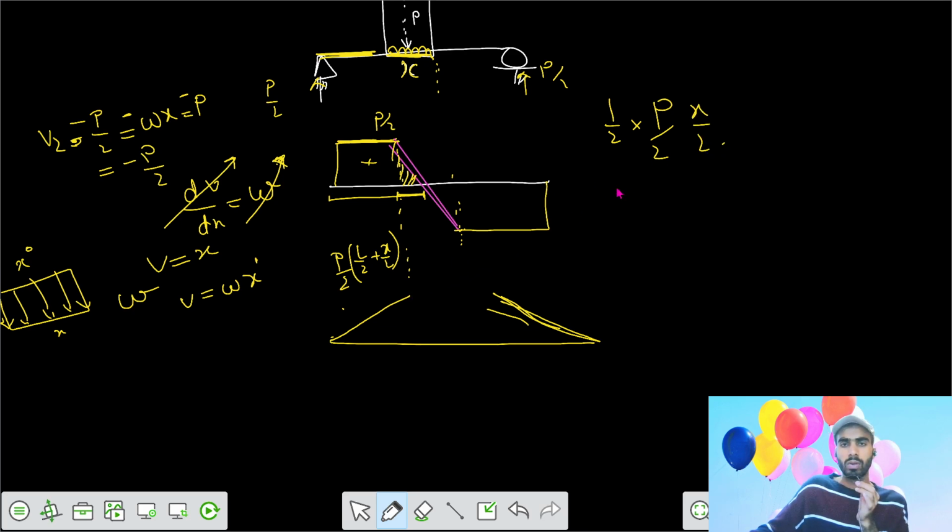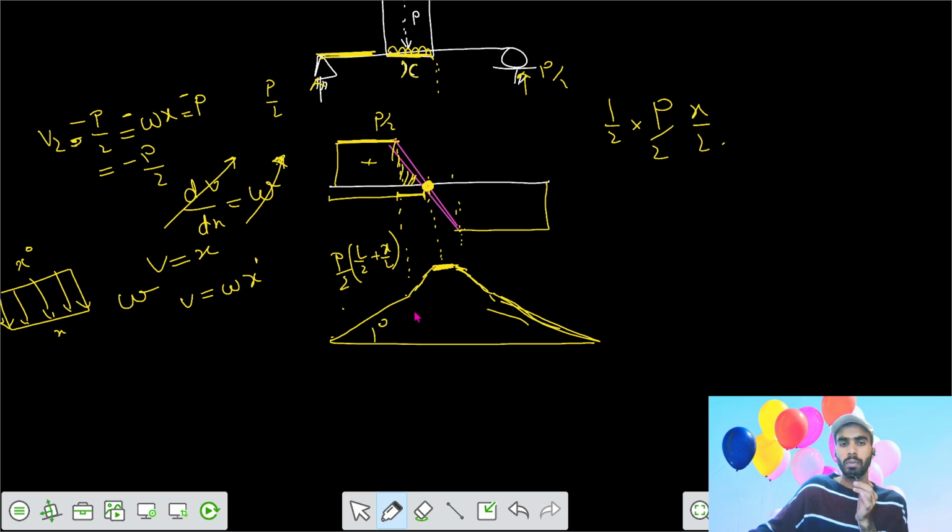Since the shear force here is 0, that means your bending moment slope is also 0, that is dM by dx equals 0. That means your M is maximum, a constant value, that's the maxima. So here it's a 2 degree part.